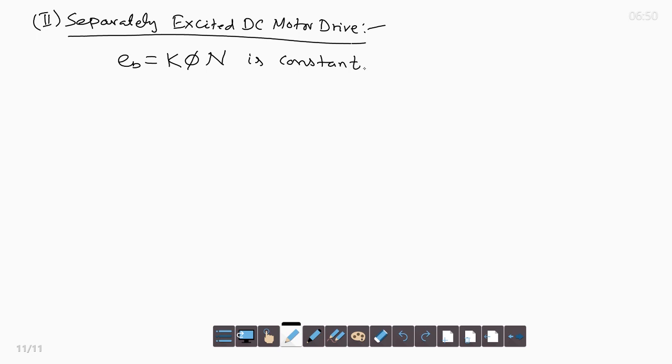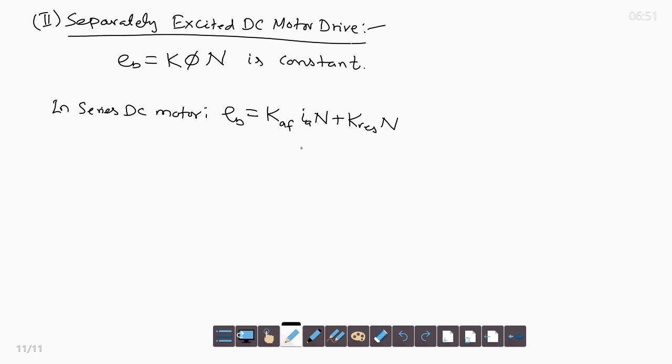Now you can do the same analysis as you have done for series DC motor. In series DC motor, back EMF E_B was K A_F I_A into N plus K residual into N. In the series motor, the first term was proportional to armature current.